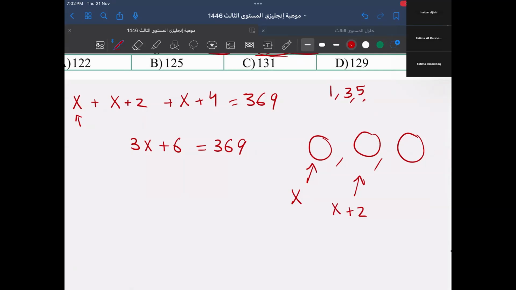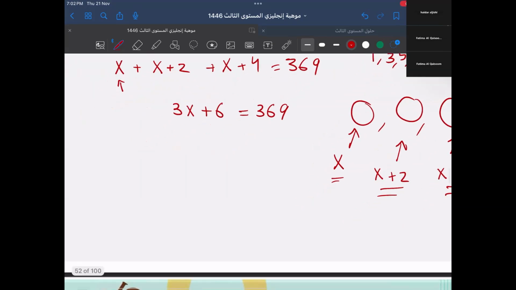Oh, so we need to match it with the odd numbers 1, 3, 5. Yeah. So like this, and x plus 4. So x is not 1. It's an example. This one is an example. These values can go on any consecutive odd numbers.